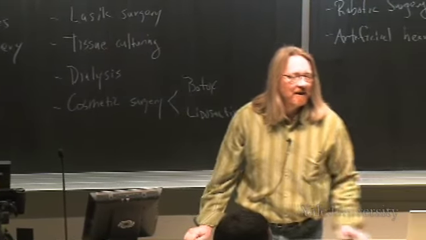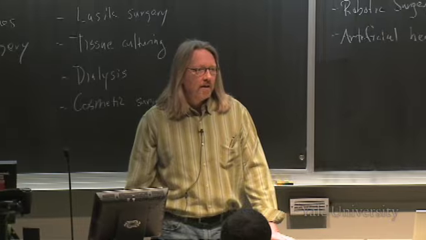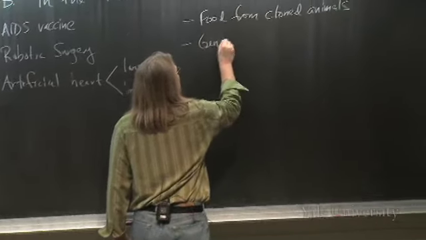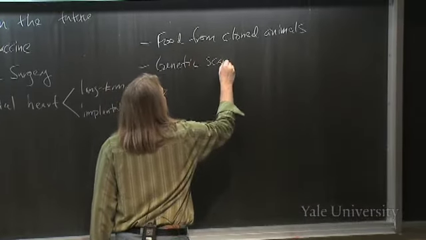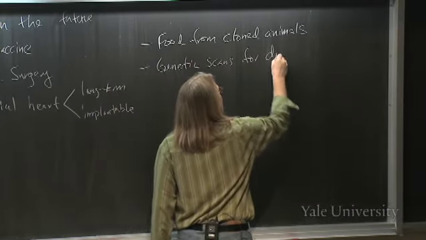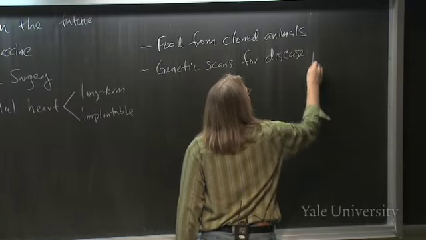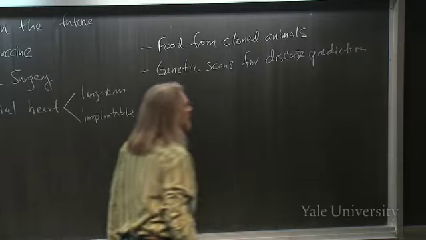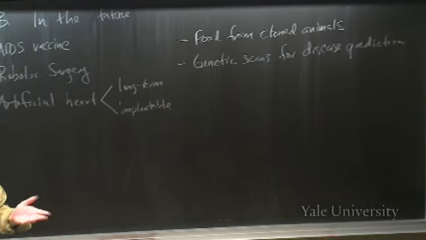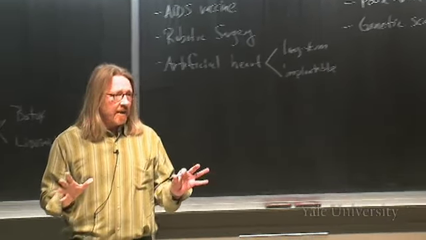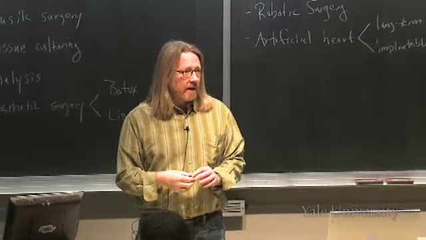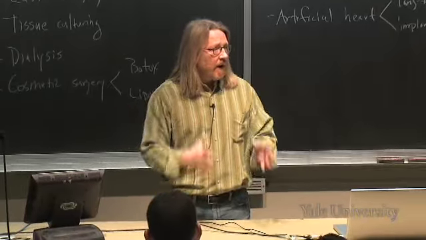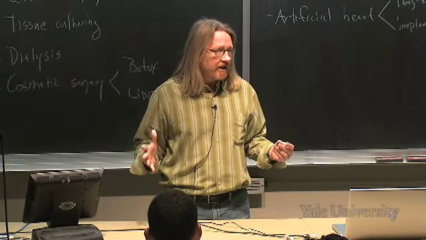Yeah. I was going to say genetic scans to predict probabilities that you'll get certain diseases. Genetic scans for disease prediction. And we talked about one way you might do that using gene chips last time. We talked very little about that, and so we'll talk more about that next week. But certainly technology is going to be available, but there's going to need to be ways developed to put this technology together, right?